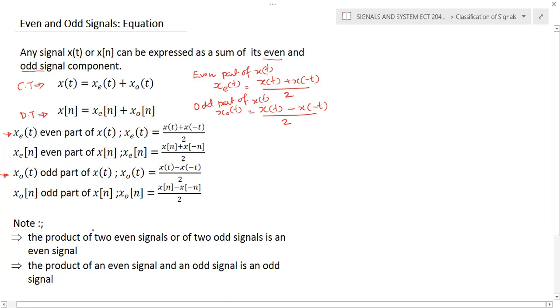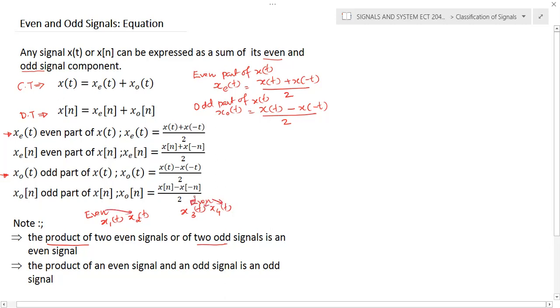You can also note down one point: the product of two even signals or two odd signals. If you are multiplying two signals, let one be x1 of t and another signal x2 of t. Assume that these two signals, x1 and x2, are even. Similarly, consider another two signals, x3 of t and x4 of t. Assume that x3 and x4 are individually even signals. So this is even, this is even.